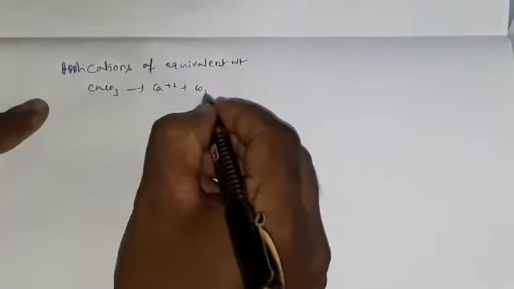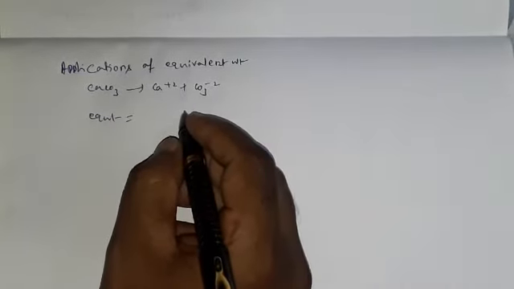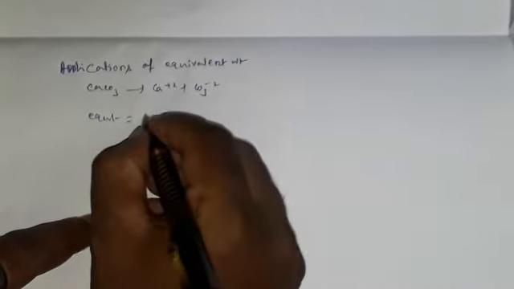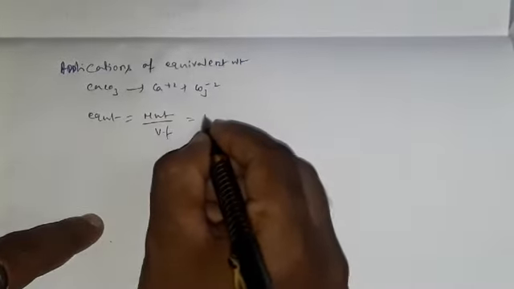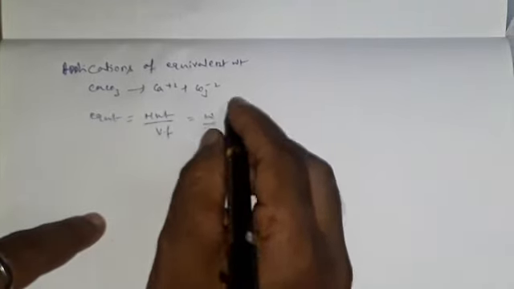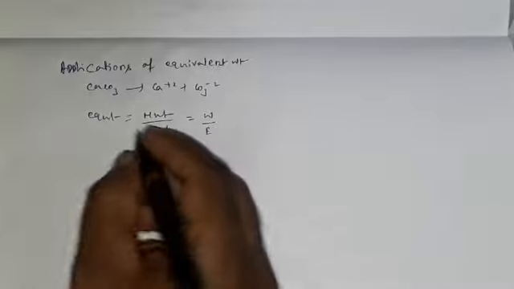CaCO3 gives rise to Ca 2 plus and CO3 2 minus. In this case, equivalent weight equal to molecular weight by valency factor. The formula: W by E means weight by equivalent weight.